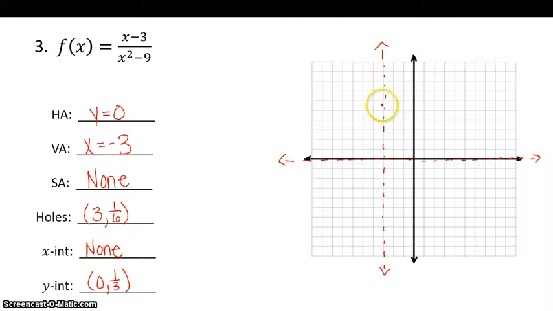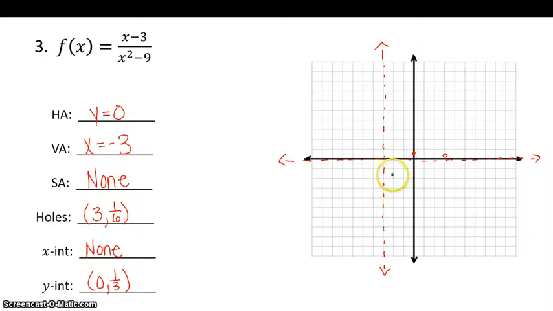And no slant. A hole is going to be at 3, 1/6, so 1, 2, 3, and then up a 6. So barely off, and you're going to put an open circle there. It cannot be dashed or shaded in, so it's an open circle at that hole. It doesn't touch the x-intercept, but the y-intercept was at (0, 1/3), so just up a little bit.